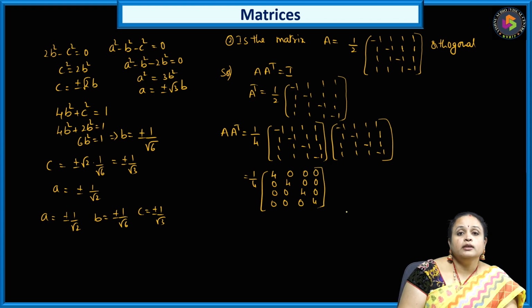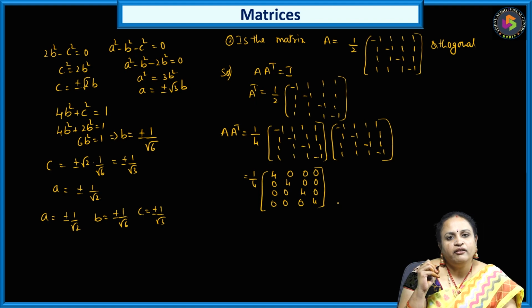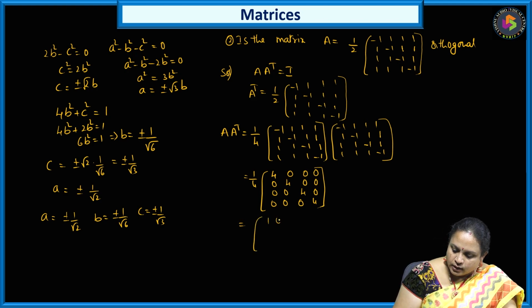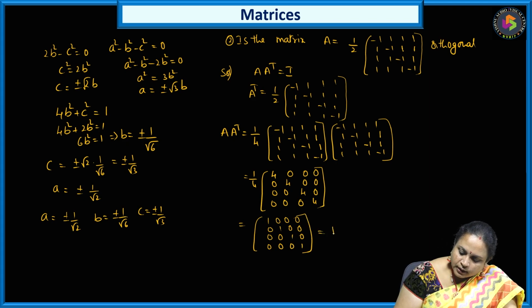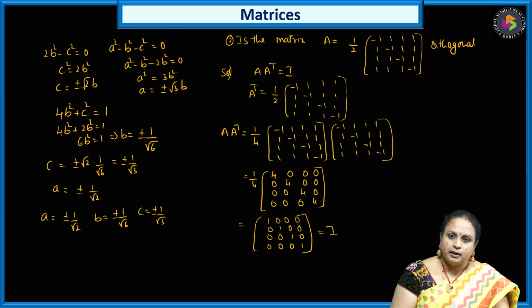Here you can check it by yourself by simply multiplying each and every row with the corresponding column. Okay. So this is equal to 1 0 0 0, 0 1 0 0, 0 0 1 0, 0 0 0 1. So this is nothing but the identity matrix.